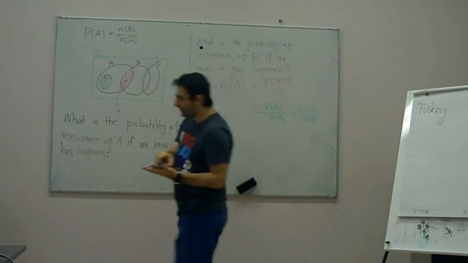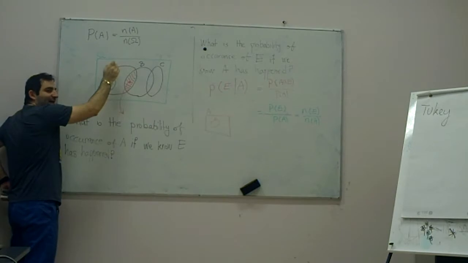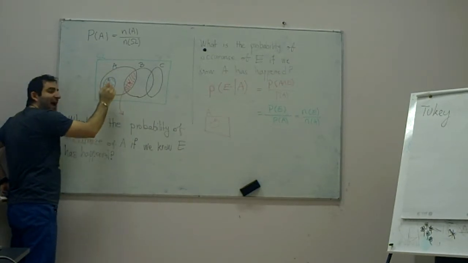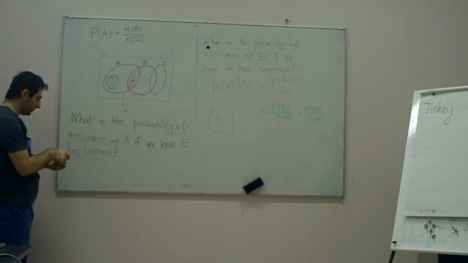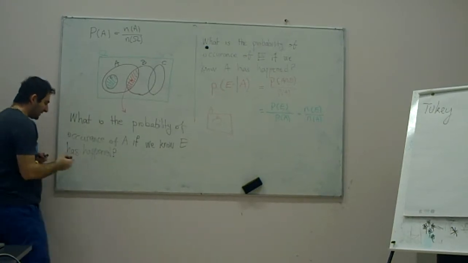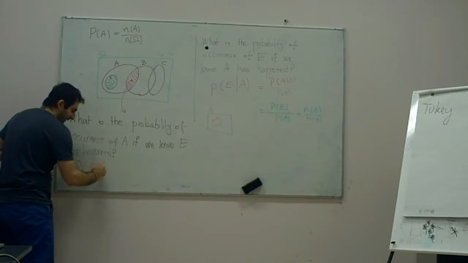Why is it this form? It is because E is inside A. In other words, if E happens, definitely A has happened. So the question says, what is the probability of A given E?